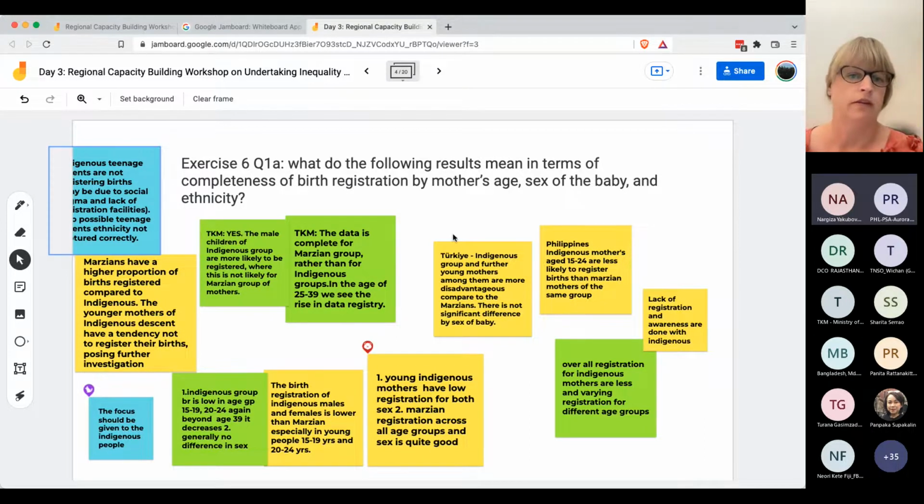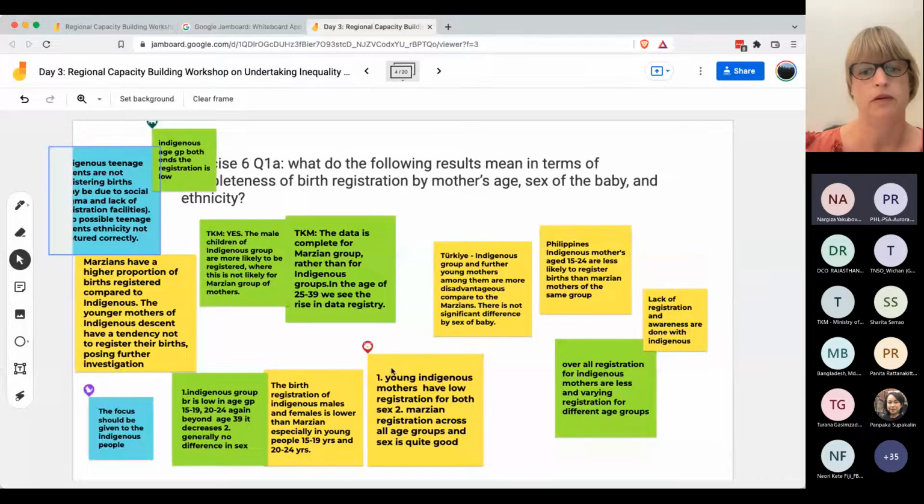It looks like across the board, a lot of people mentioned the disparity in the Indigenous group. So we definitely are seeing lower rates of registration among the Indigenous population. I'm going to read this green one down here. Indigenous group is low in the age groups 15 to 19, 20 to 29, again being age 39.